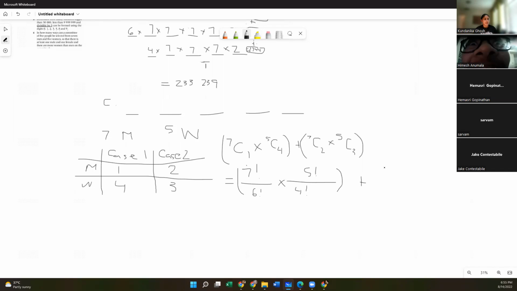Plus, we have 7 factorial over 2 factorial times 7 minus 2 factorial, which is 5 factorial, times 5 factorial over 3 factorial times 5 minus 3 factorial, which is 2 factorial, 2 times 1, so you just get 2.